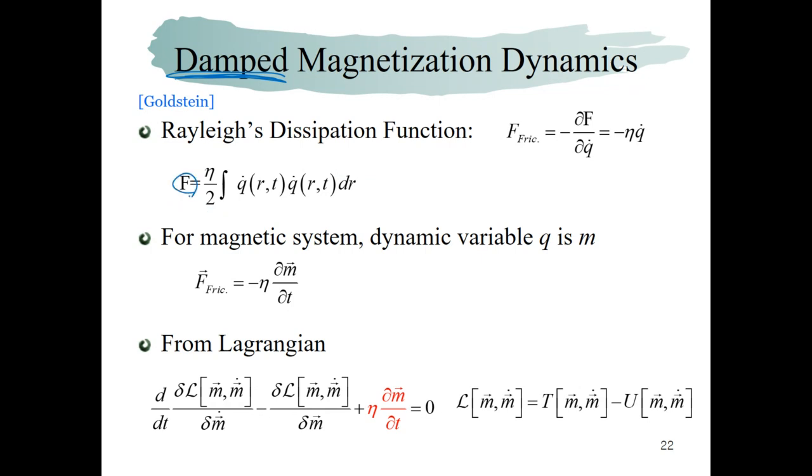So don't confuse them: this is the energy equation, and this is the force. In a magnetic system, now we are talking about the motion of M. So the dynamic variable Q is actually M, and Q dot is the partial derivative of M with respect to t. So we can replace the friction force in this form.